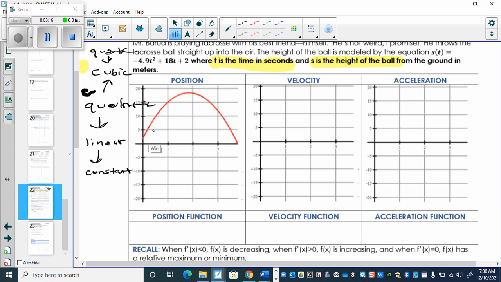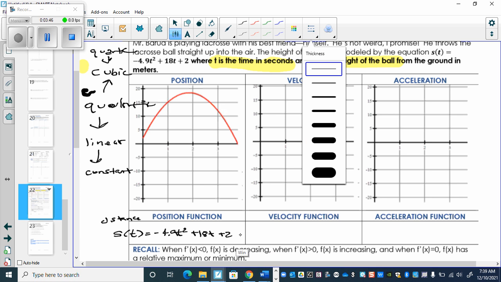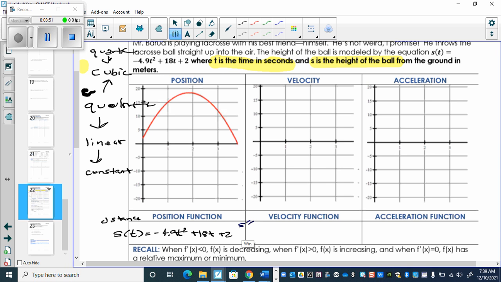Okay, so here is my position function. It's s(t), and this is distance. We're talking about distance here, equals, and it's given to us, -4.9t² + 18t + 2. Now, here's the thing. My velocity function, we actually might look at it as s'(t).